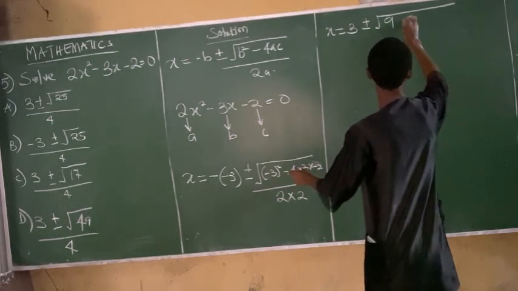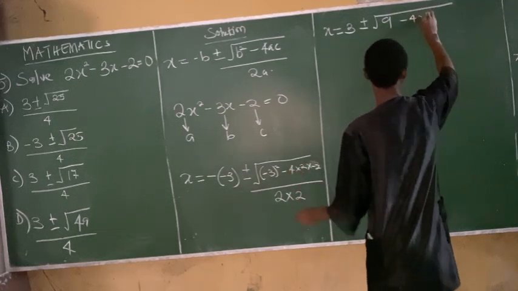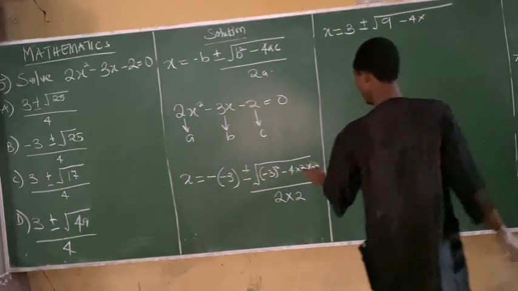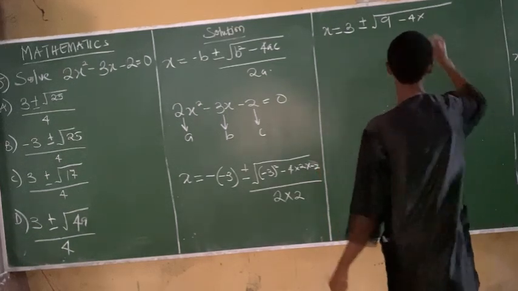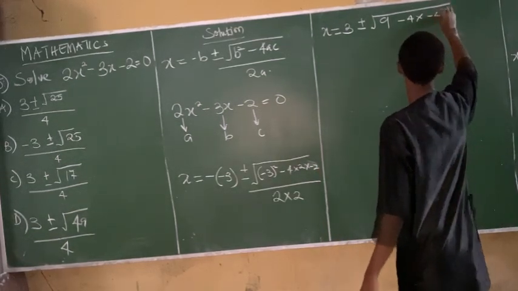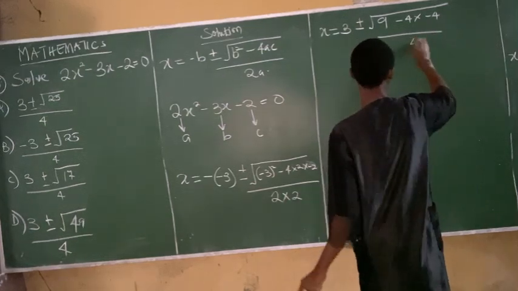Here we have minus 4 times 2 times minus 2, which gives us minus 4 times minus 4 all over 2 times 2, which gives us 4.